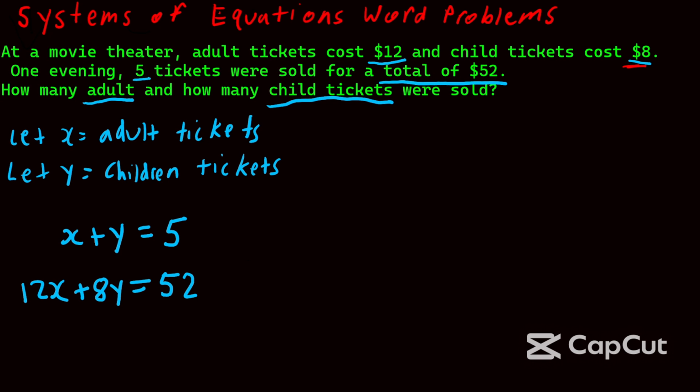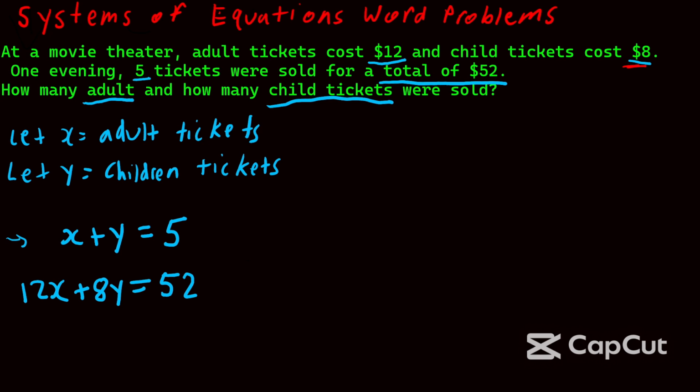Now we have our system. Now we can solve it the same way that we did last time. I'm going to multiply this top equation by negative 8. Why would I do that? It's because I'm trying to cancel at least one variable out.